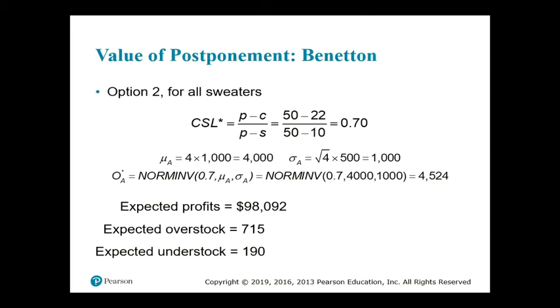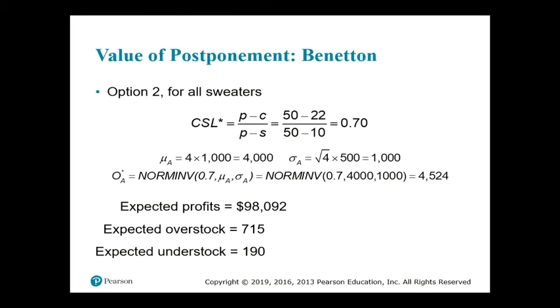You would also see less expected over and under stock. So basically the value of postponement comes from aggregation. The only difference is now we're aggregating over time versus location.